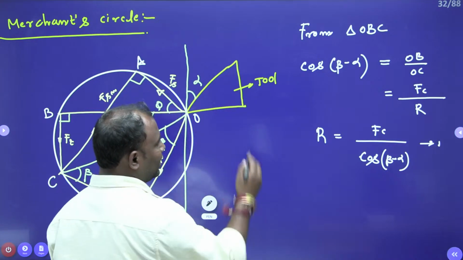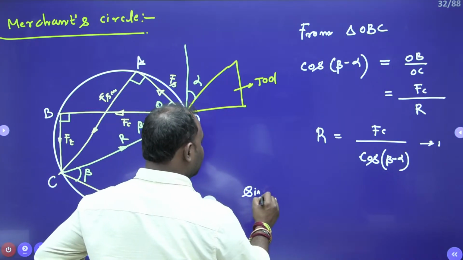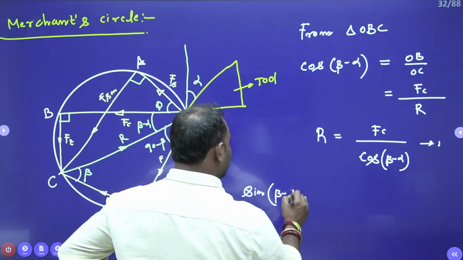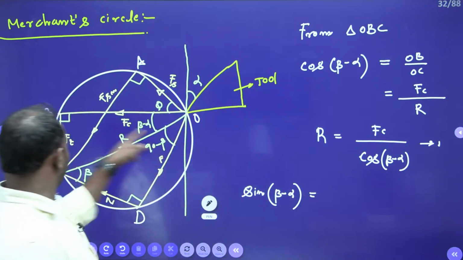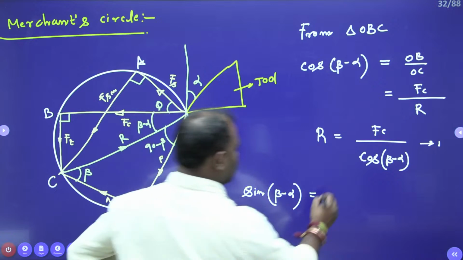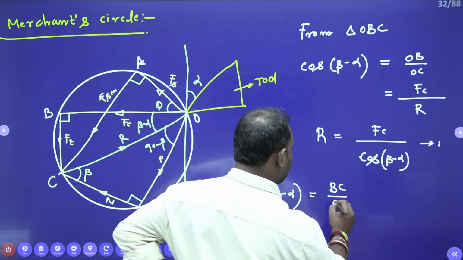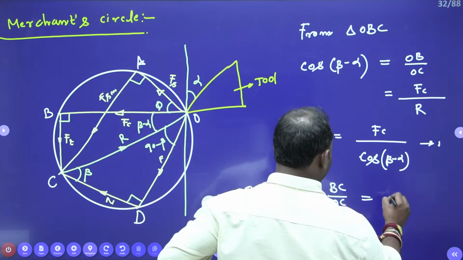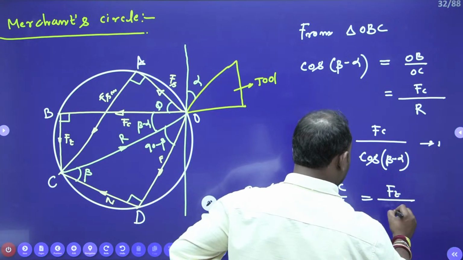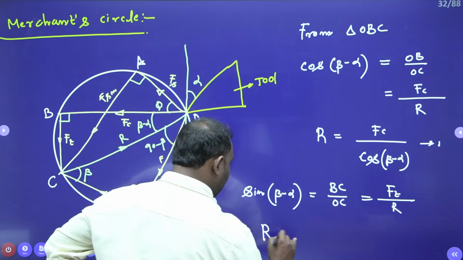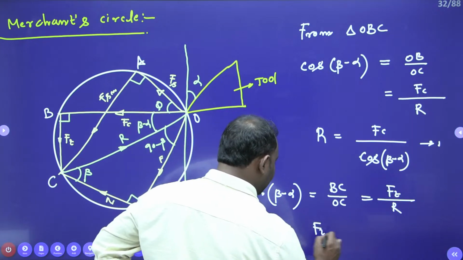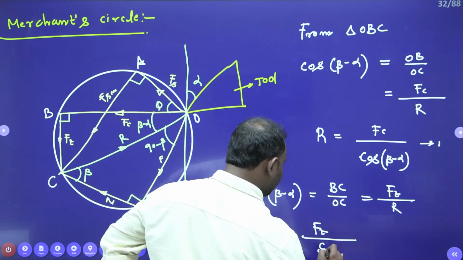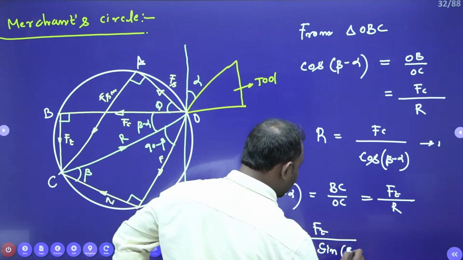Right. Similarly, sin of beta minus alpha is equal to BC by OC. Now here BC is Fsn, right? Sorry, Ft. Ft is divided by R. Again, I can write my R is equal to Ft divided by sin of beta minus alpha, isn't it?